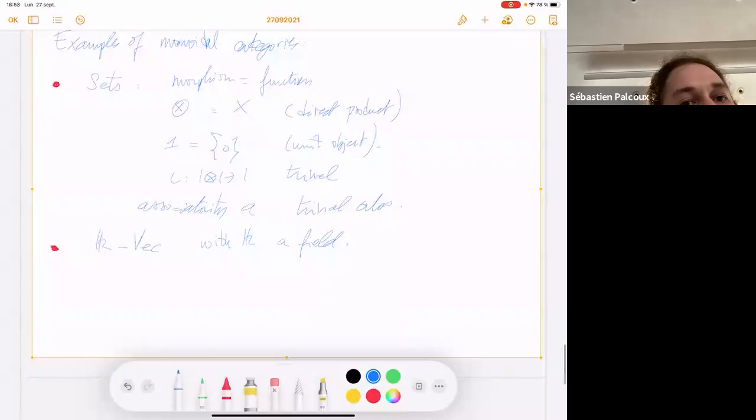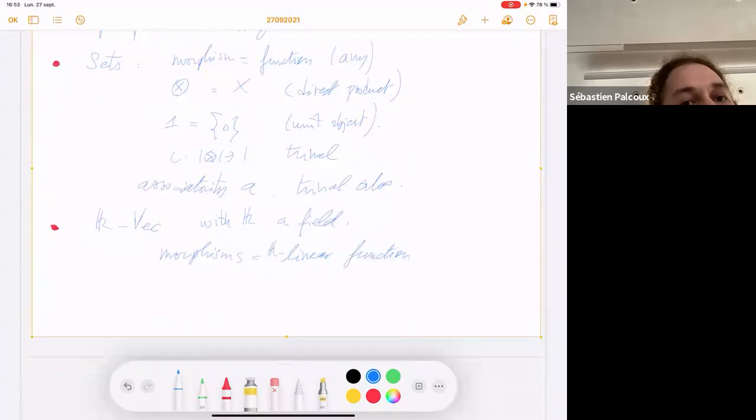Here the morphisms are K linear functions, and the tensor product is just the tensor product over K.